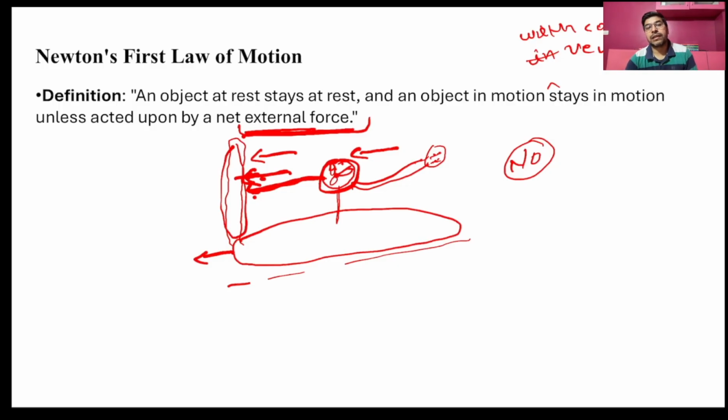And we know that an internal force of the system cannot produce any state change. That's why this boat will not move if we add a fan on the boat. Understood? So I hope now you got the understanding of external force, and why we needed an external force to change the state of an object. Clear?